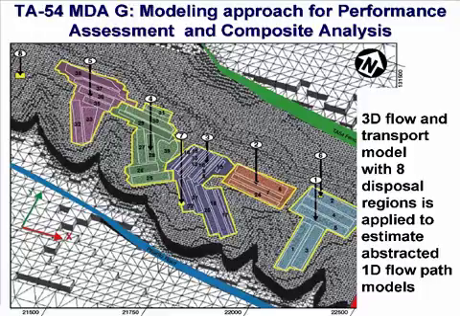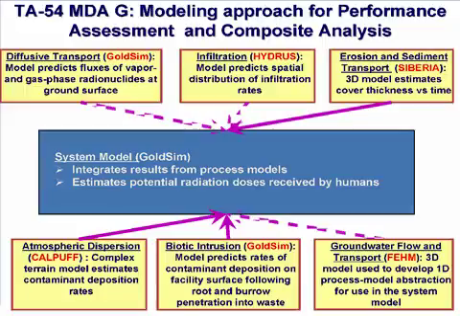To facilitate the model, a 3D model was applied to extract 1D flow paths which are applied in the systems model. This is the complex 3D model which was applied to do these abstractions of the 1D flow paths from 8 areas, which is shown here.